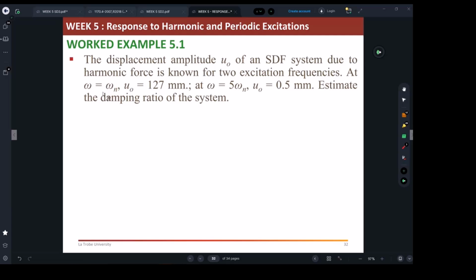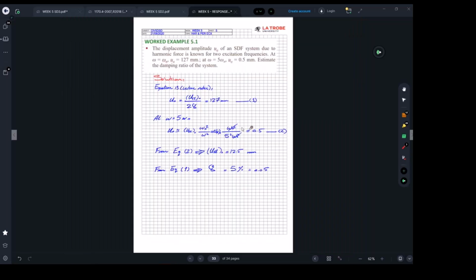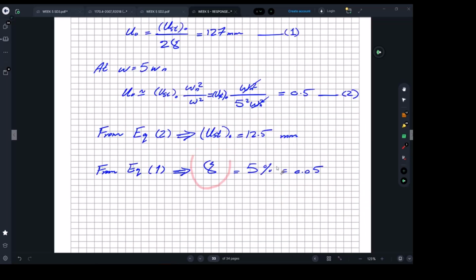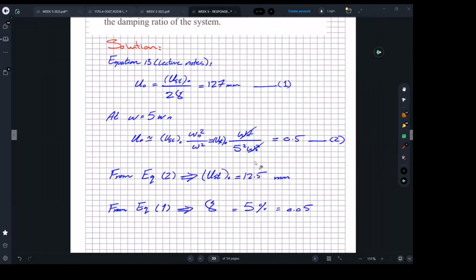So first you work with the machine where the frequency is the same, and you measure the displacement. They found it to be 127 millimeters. And at the other relationship, they found it to be only 0.5 millimeter. So you have simply recorded these data from the experiment, and what they are asking you to do is find the damping ratio.